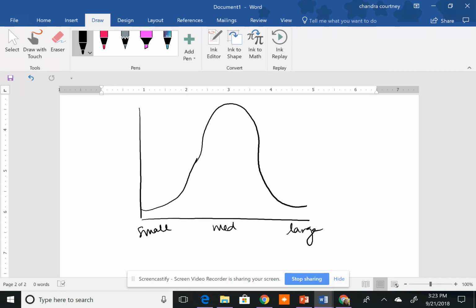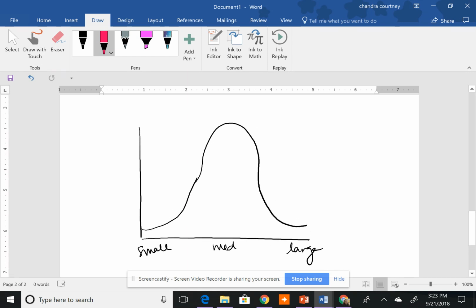Well, we're going to reduce greatly our two extremes, our small and our large. And we might increase the frequency of the medium size, but we're also going to narrow the frequency. So we're going to define what medium means a little bit more. So let's go this one down a little bit.